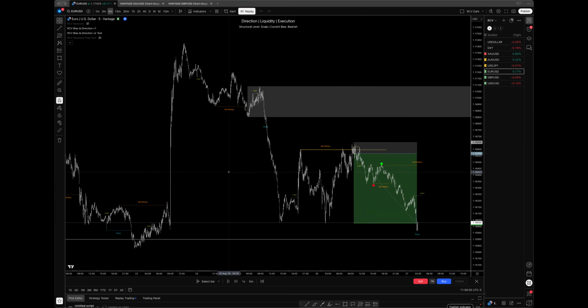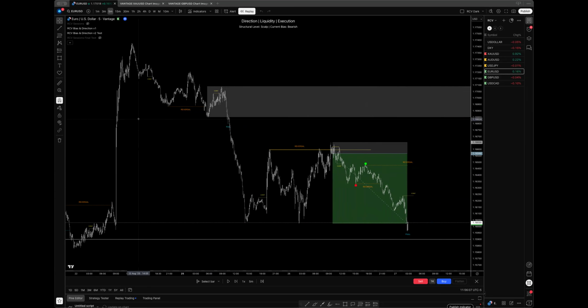Yeah, that's the hard part with trying to correlate a bunch of levels of structure, because this is one leg, or one level of structure, right? This is the internal level of structure of that, and then this is the internal level of structure with that, and then this is the internal level of structure in that, and then the position that I took was based on the level inside of that, right?